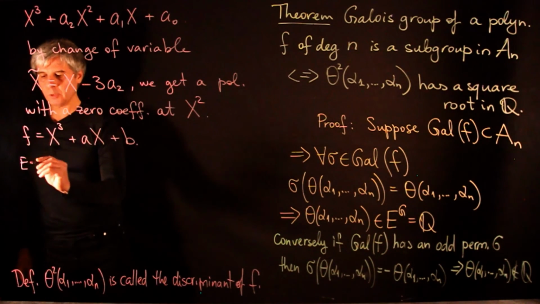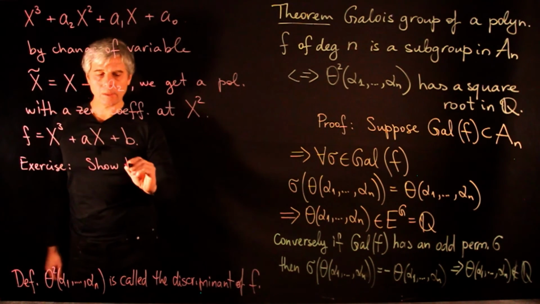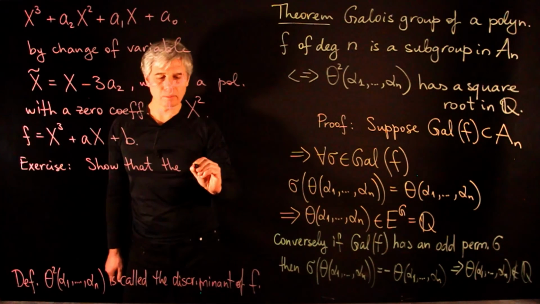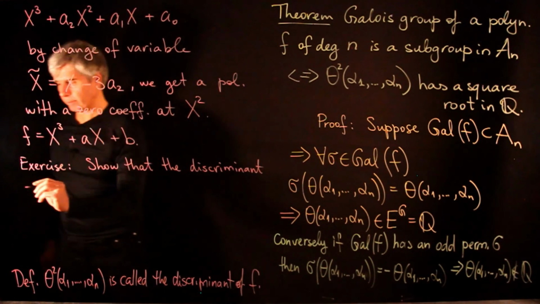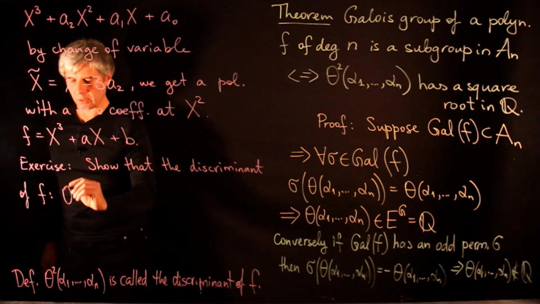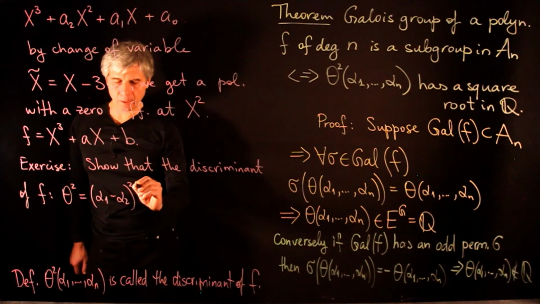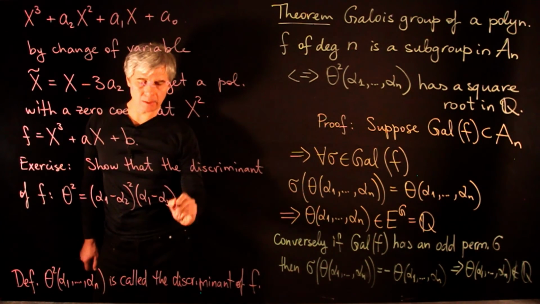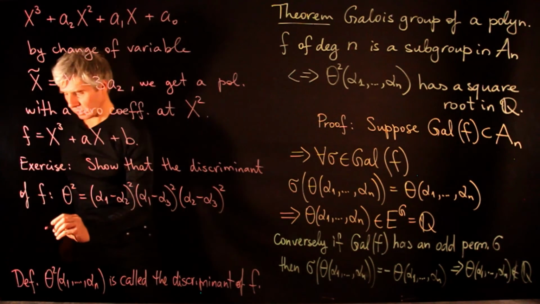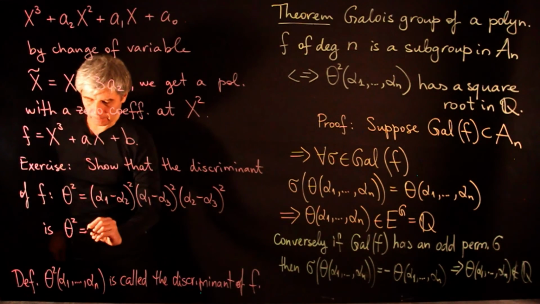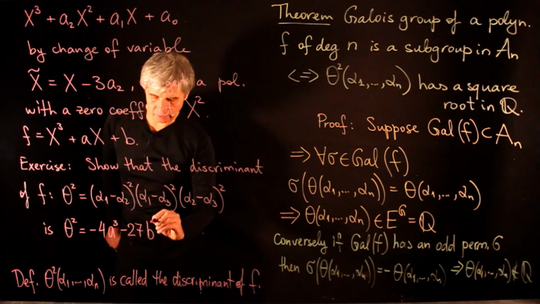Then I give an exercise for you. Show that the discriminant of f, which is theta squared, which is (alpha 1 minus alpha 2) squared times (alpha 1 minus alpha 3) squared times (alpha 2 minus alpha 3) squared, is equal to minus 4a cubed minus 27b squared.